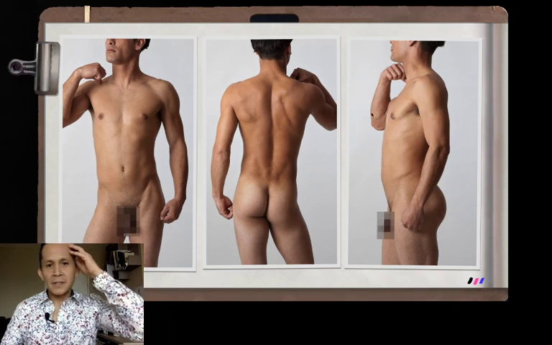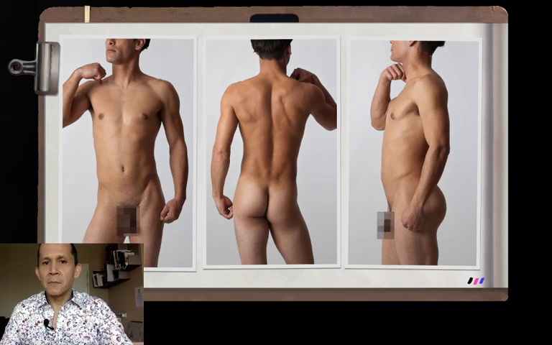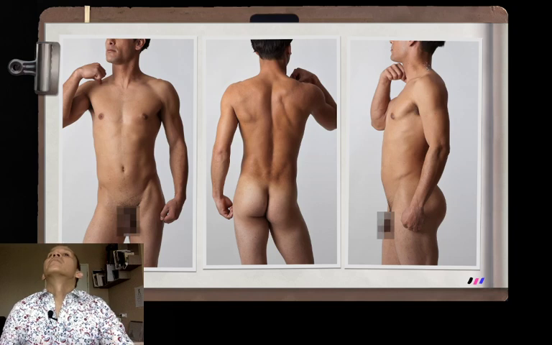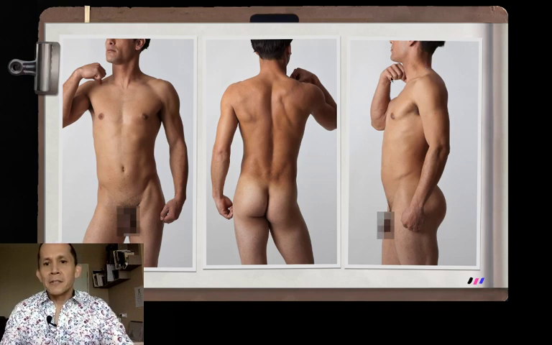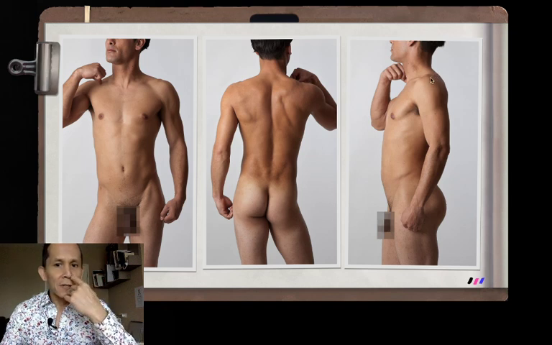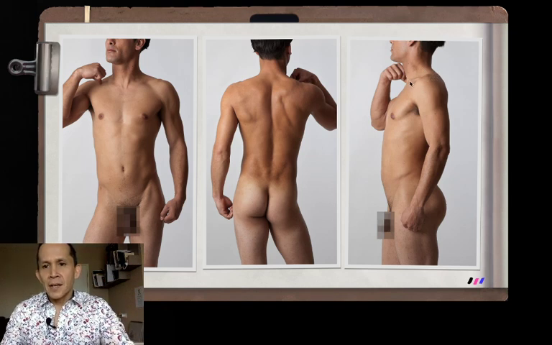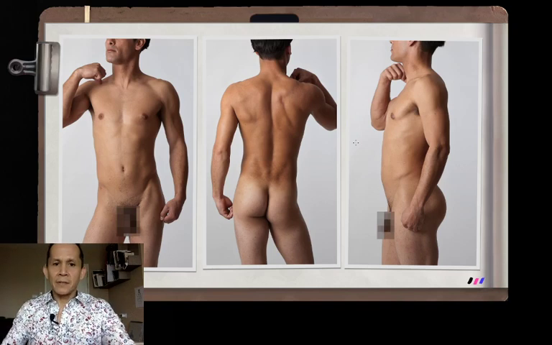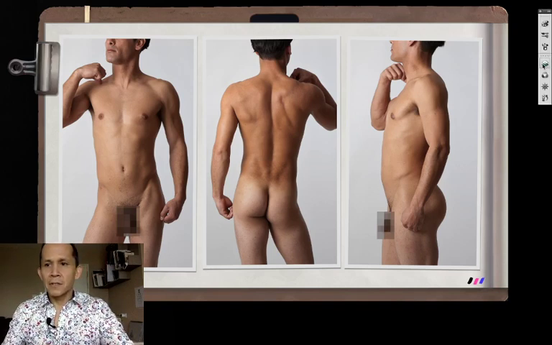So it's not going to be a detailed anatomy class by any means. It's more about observation and how to see and how to know what you're looking for when you draw from life. I think that's a big challenge, is kind of knowing what's there and what to look for. So let's start with what to look for and how we see.